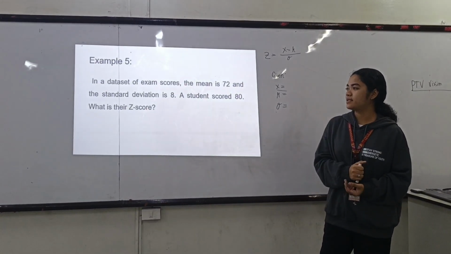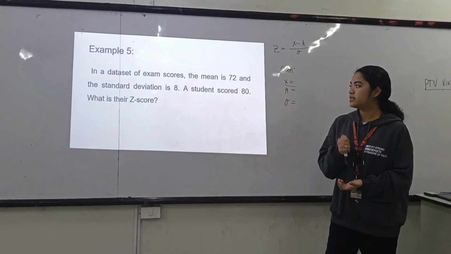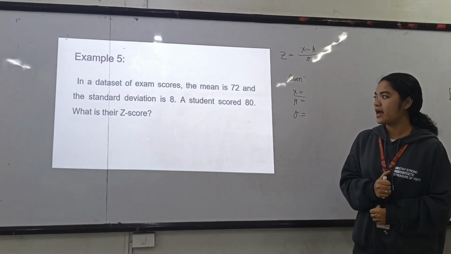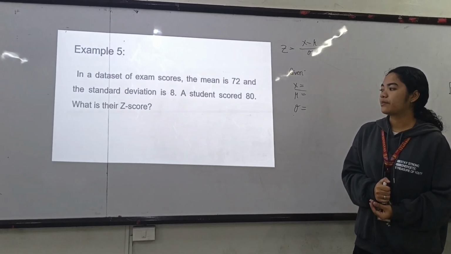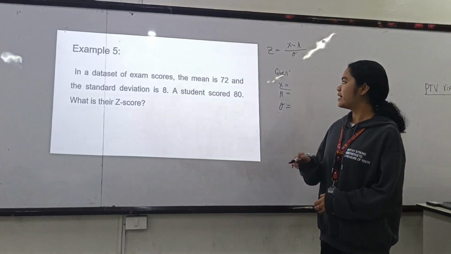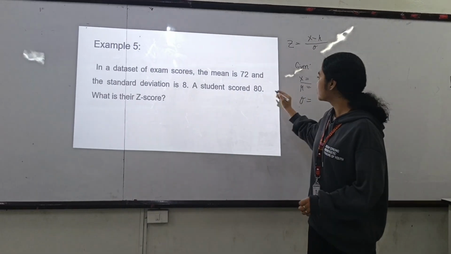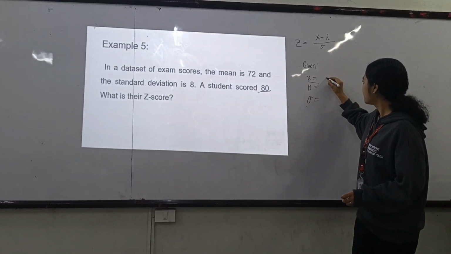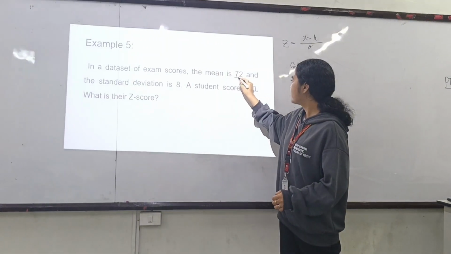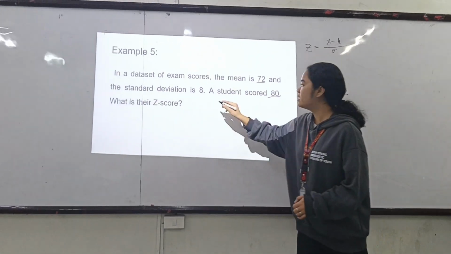So the last example is example number 5. In the data set of exam scores, the mean is 72 and the standard deviation is 8. A student scored 80. What is their z-score? So first, we need to find the given. Our x is equal to 80. Our mean is 72. And our standard deviation is 8.